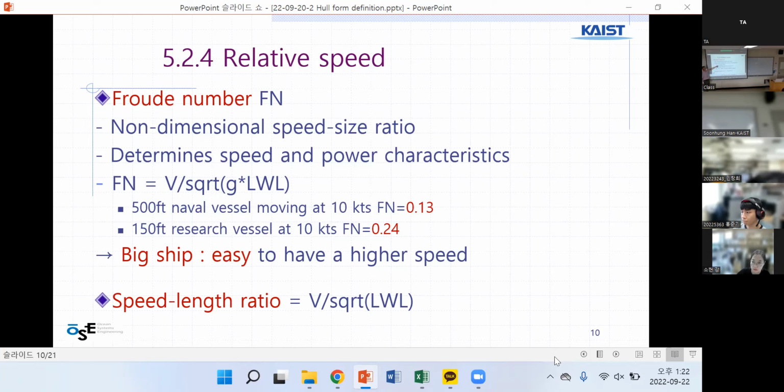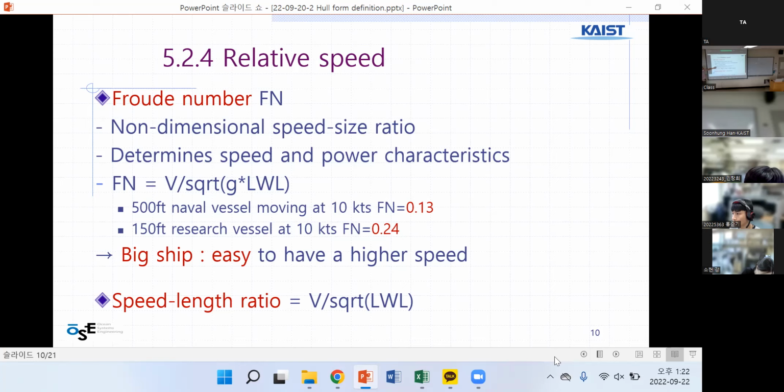So the first number is gL, so L and V are the most important numbers. The gravity constant is used for non-dimensionalization only. So for the designer, V and L matter. A 500 naval vessel moving at 10 knots: the Froude number is low.